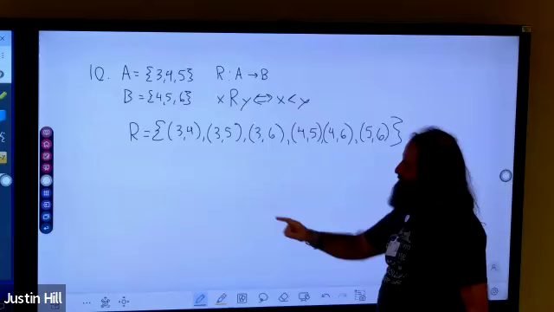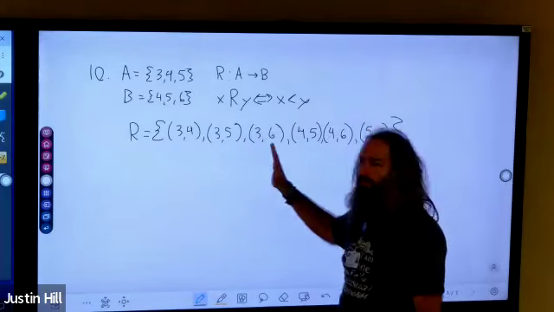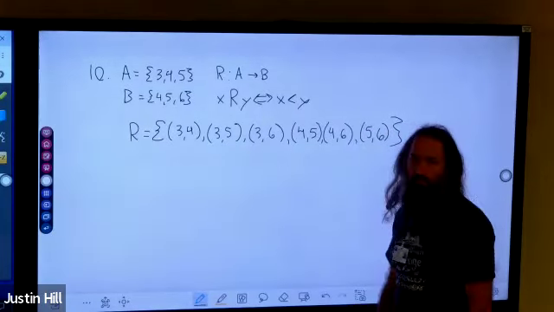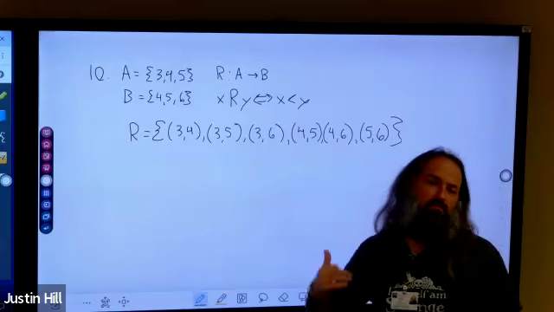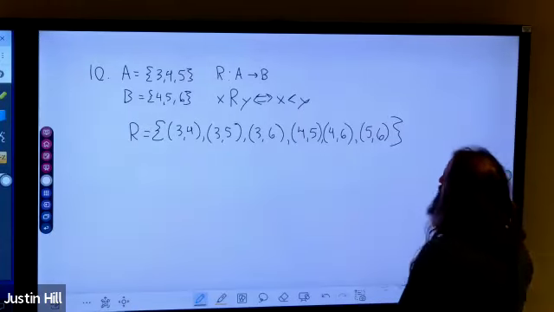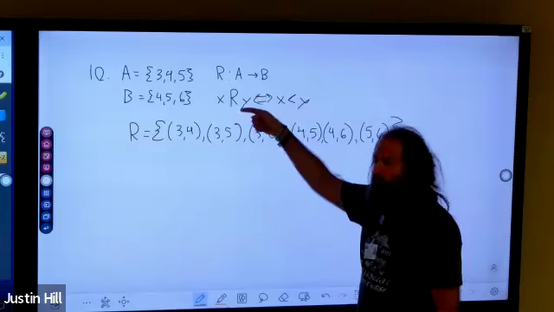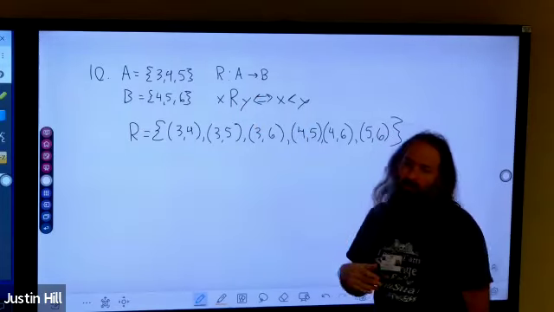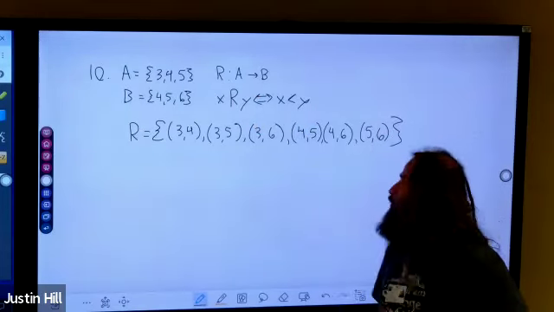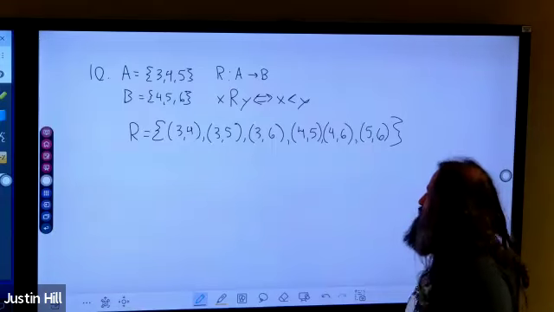And this is your relation R: the ordered pairs that fit the rule, where a number from A is less than a number from B.